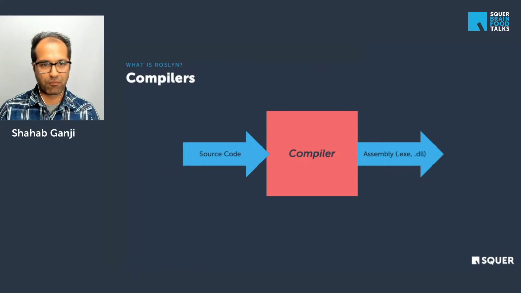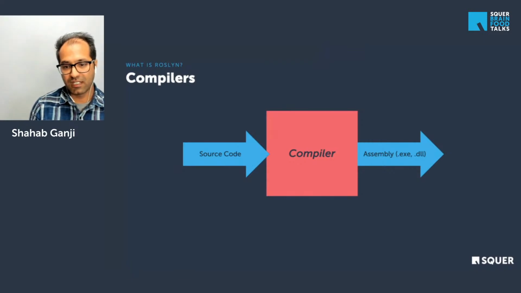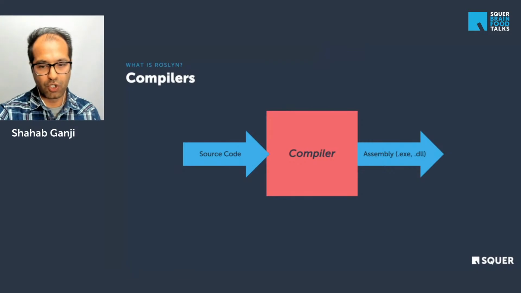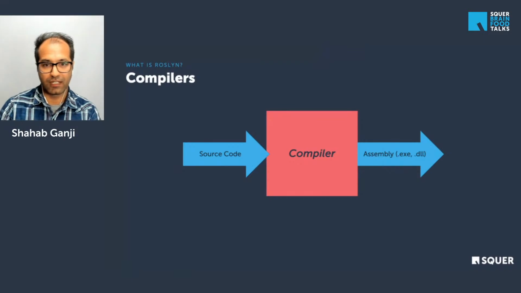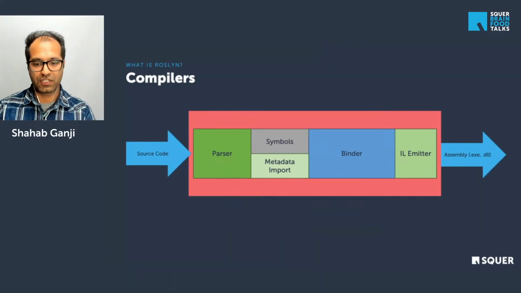For instance, we were providing some C# files or VB.NET files as source code, and depending on the type of the application, it would provide us with an assembly as an exe file or DLL file. And obviously, this would be the output if there were no errors reported by the diagnostics of the compiler. And as we know, the compiler consists of several phases.